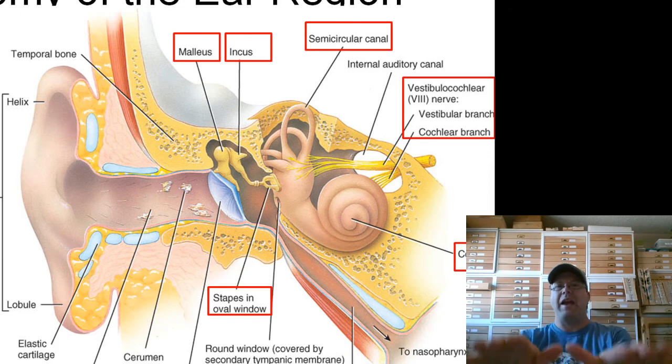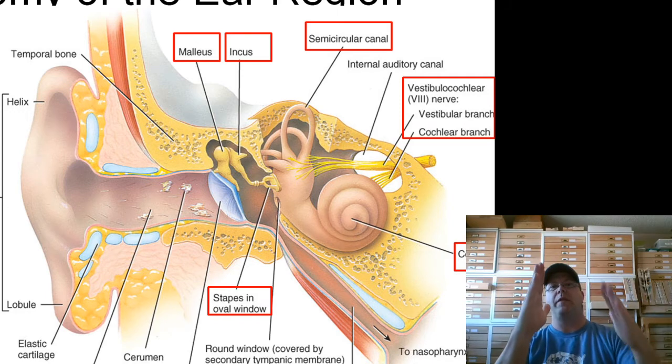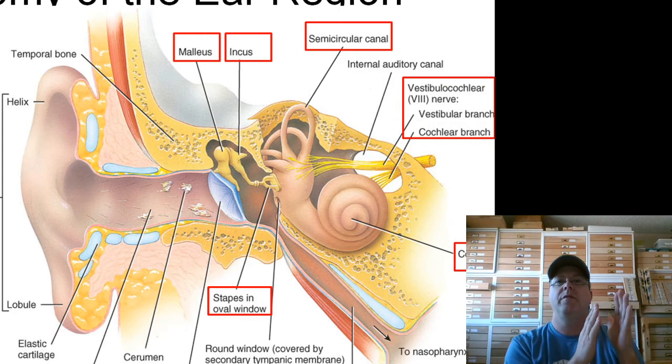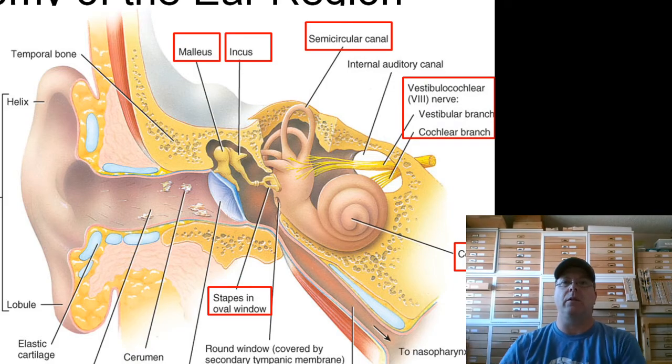They are waves of energy. So these waves of energy are hitting your tympanic membrane, and it's going to be vibrating like this. It's just going to sit and vibrate. Now what the tympanic membrane does is it transfers those sound waves from your outer ear to your middle ear.